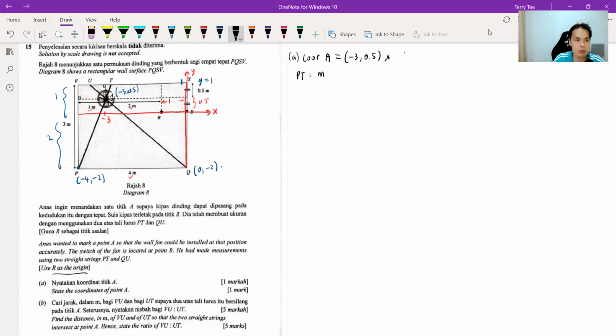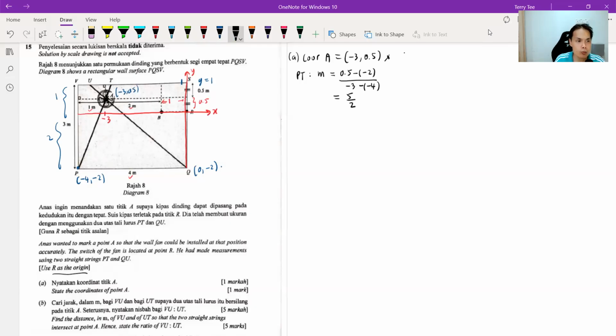My gradient will be y2, 0.5, minus y1, -2, over x2, -3, minus -4. So this is 2.5 over 1, which is 5 over 2. Okay, so this is the gradient of PT.